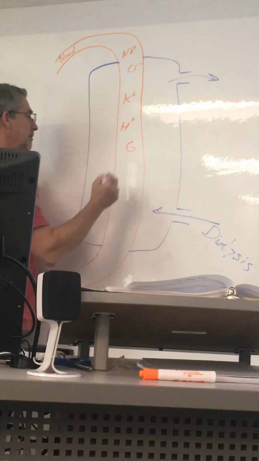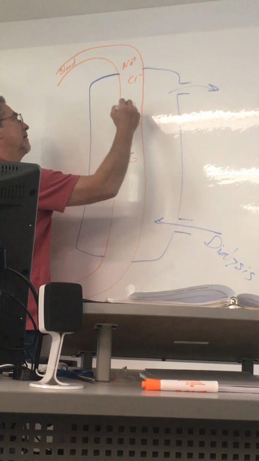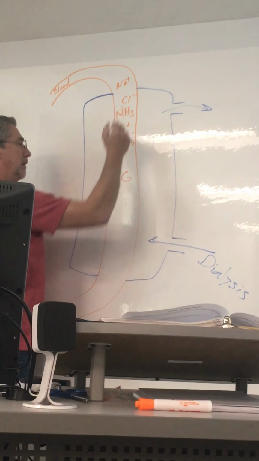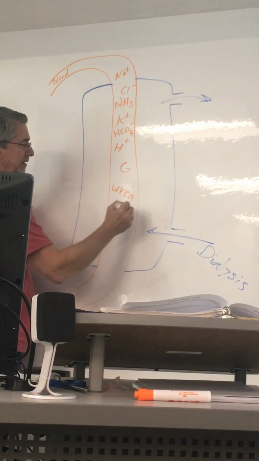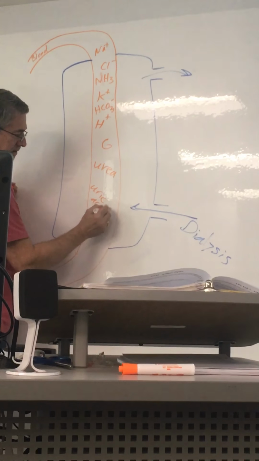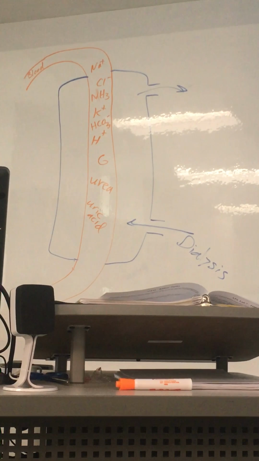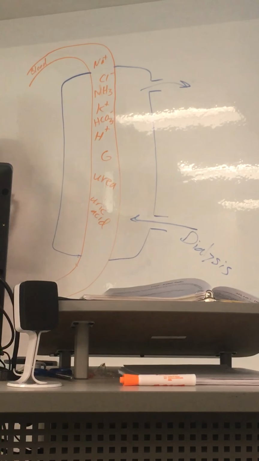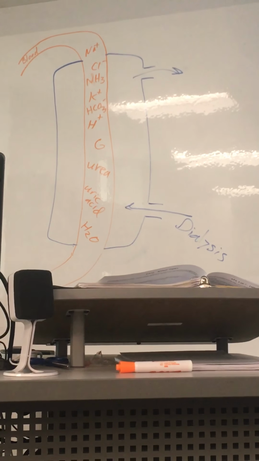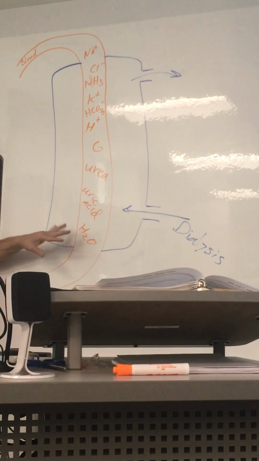Let's say I've got some glucose in there, some bicarb, some ammonia, some urea, uric acid, etc., etc. A variety of things, some of them desirable, some of them undesirable, and of course let's not overlook water itself in there.